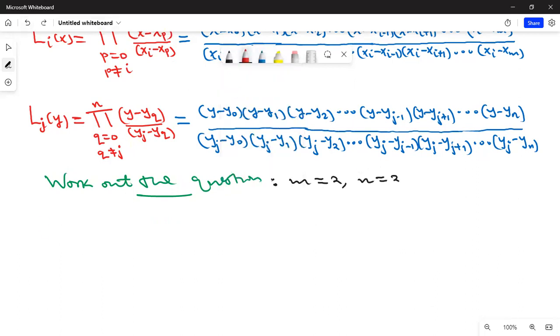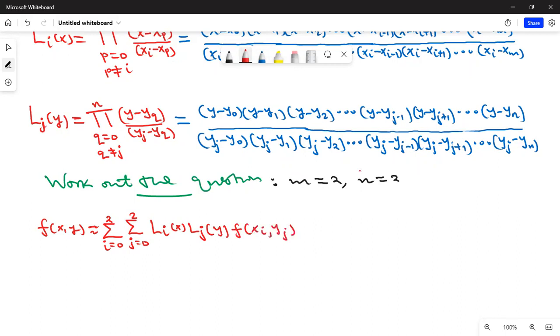We now talk of f of x, y is approximately equal to the sum from i is 0 to 2, again another sum from j is 0 to 2, Li of x, Lj of y times f of xi, comma yj.